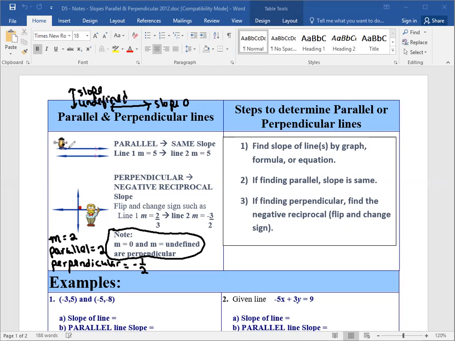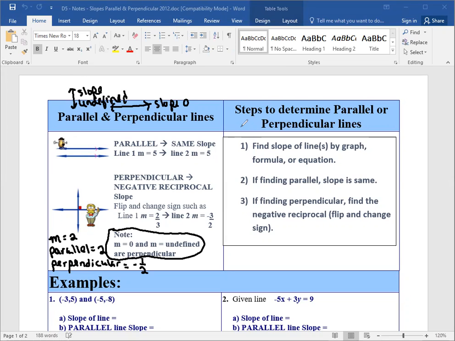So we have parallel and perpendicular. Parallel has the same slope; perpendicular is the negative reciprocal, flip and change the sign. An undefined slope is up and down, and a slope of 0, remember, is horizontal.